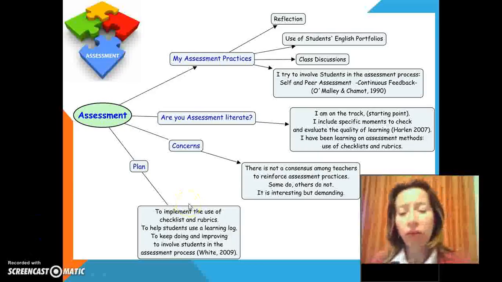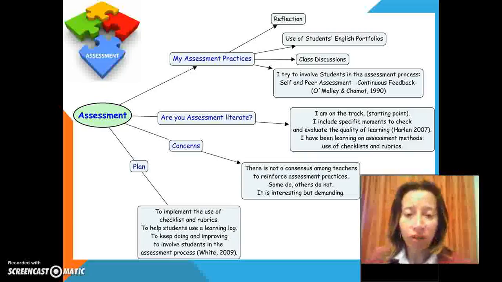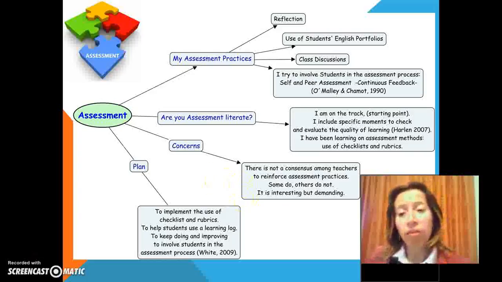I have found some of them who follow special assessment practices. I learned a lot from them, but I also have found some others who don't care about it. It's interesting, the assessment process, but it's demanding, it's time consuming. So that's why I'm looking for more practical methods.